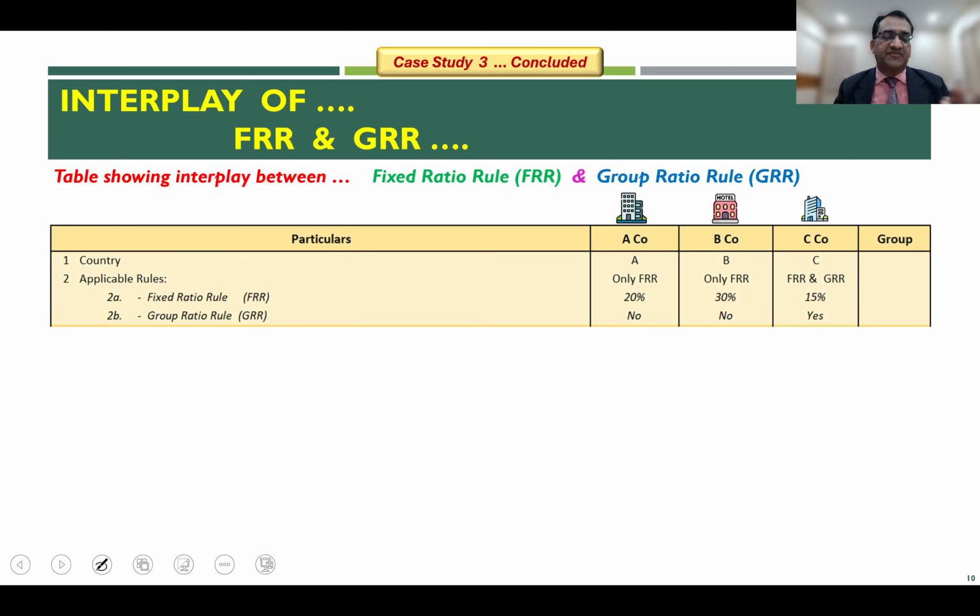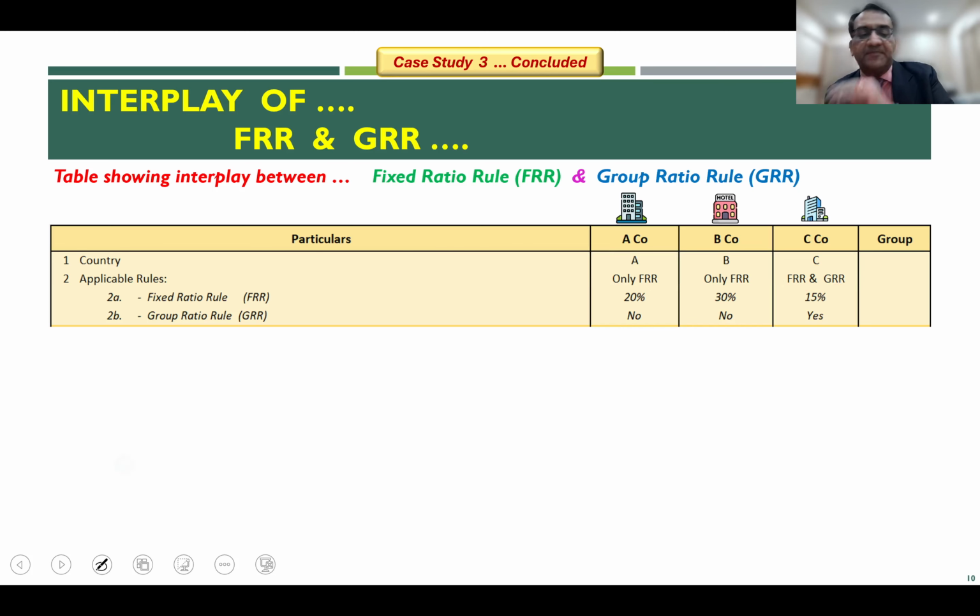So let us see how the interplay of the fixed ratio rule and group ratio rule works out. Now, we have seen three companies from the group, ACO, BCO, CCO, in countries A, B, C. Country A and B have only FRR, but country C has both FRR and GRR. These are the 20%, 30%, 15% rates for FRR, right?